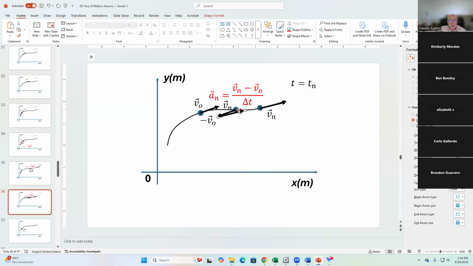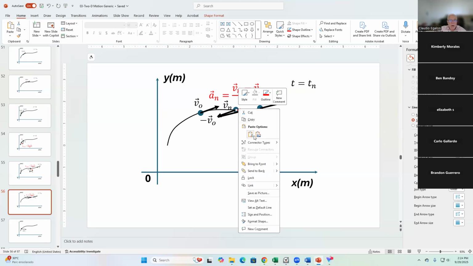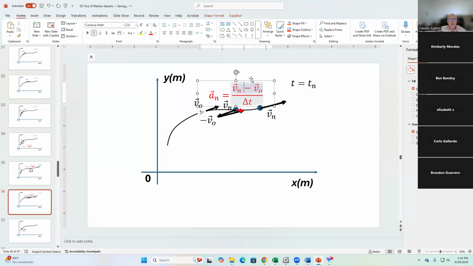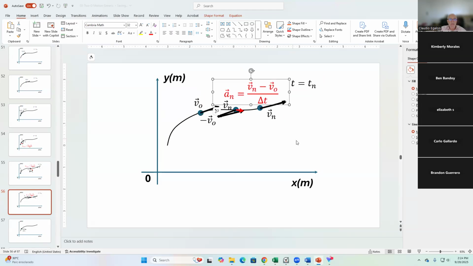Okay, now I'll be able to bring it to the front. Here you go. That's the acceleration vector, right? Very small. As we shrink, we find something interesting.